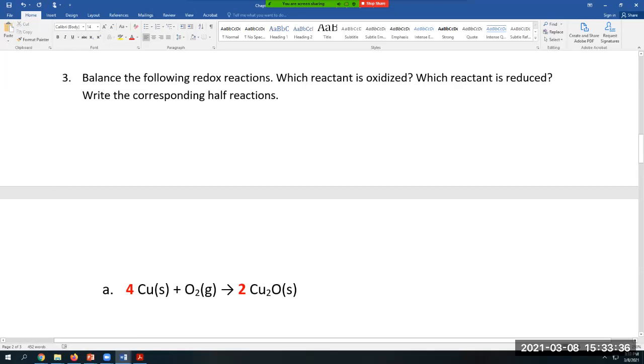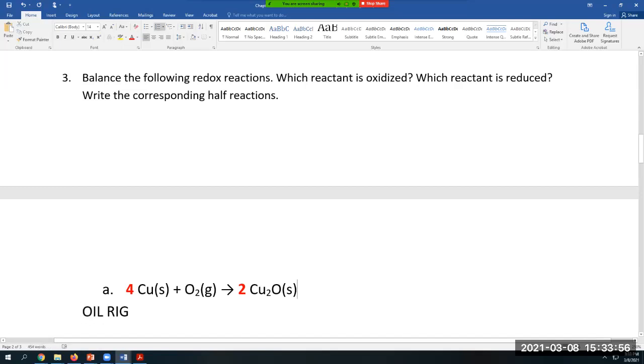Remember the acronym OIL RIG to remember which one is which. RIG is for reduction is gain of electrons, and OIL is for oxidation is loss of electrons.